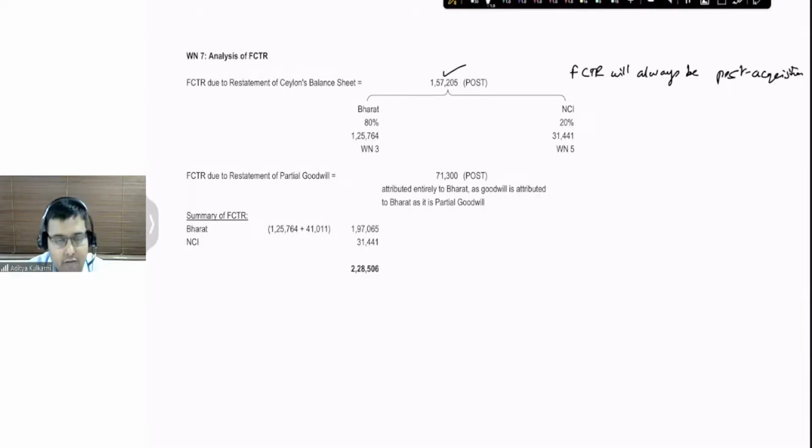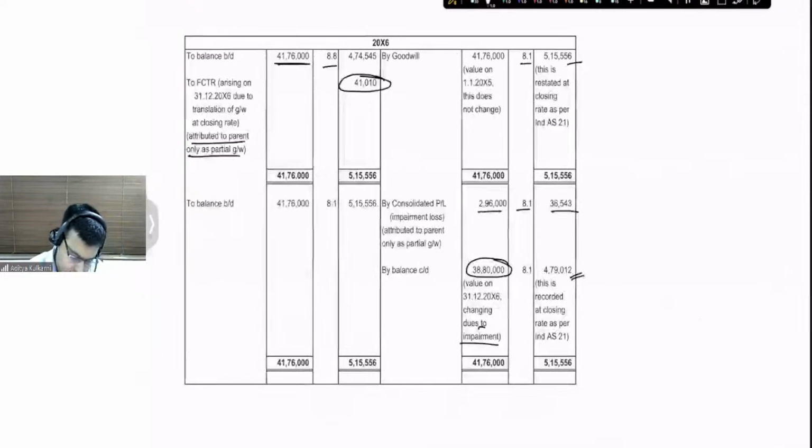The moment you have the control, only then you can have your FCTR. So 80% goes to the parent, 20% goes to the NCI. This is your share in FCTR post acquisition. FCTR due to restatement of partial goodwill, I had restated it twice: 20x5 30,290 plus 41,010 in 20x6. You can have a look here.